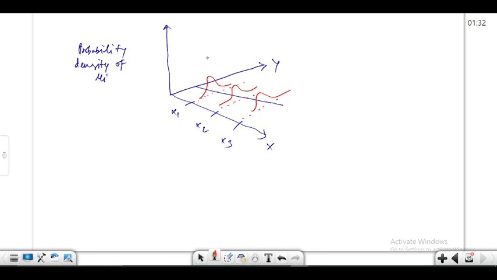So the peak and the spread are similar in all the cases, in all the values of xi. So why is this the case? We'll talk about the reason.